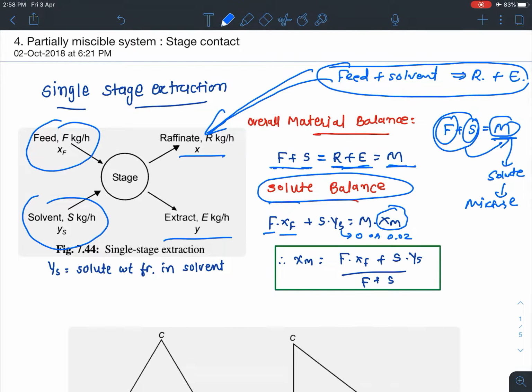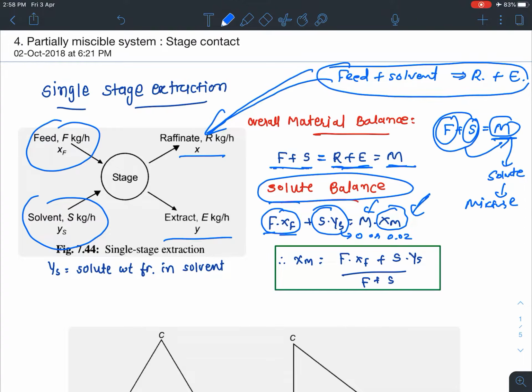Based on that, all these parameters are known to us, like the feed and its composition, and the solvent composition. The unknown parameters are M and XM. How to find M and XM and what their application is, I'll tell you later.